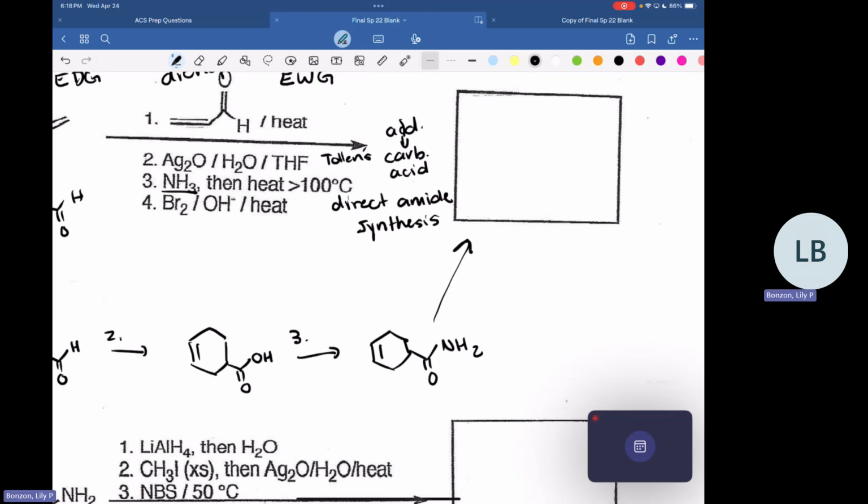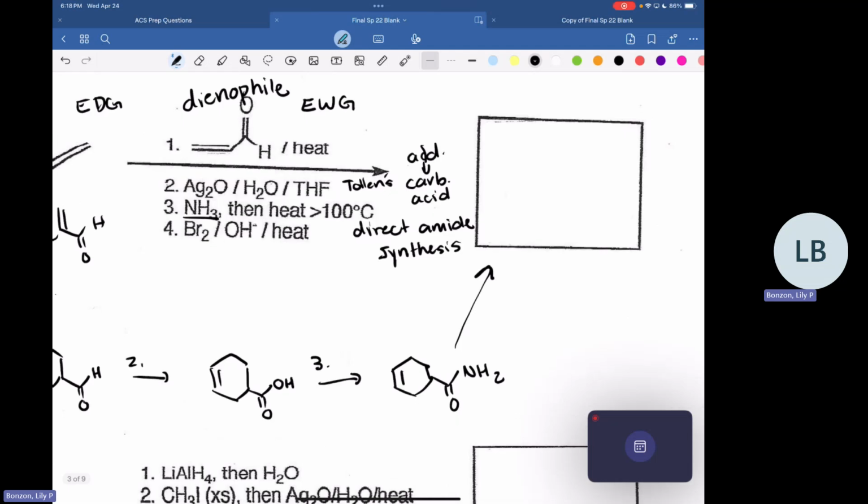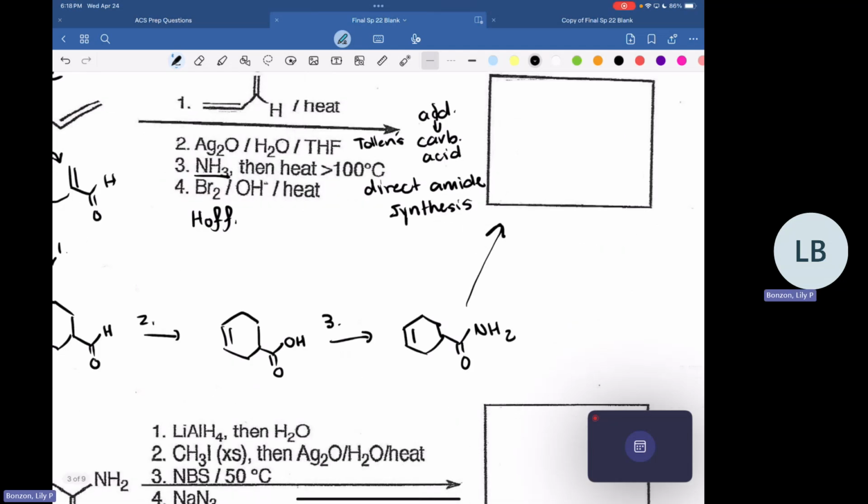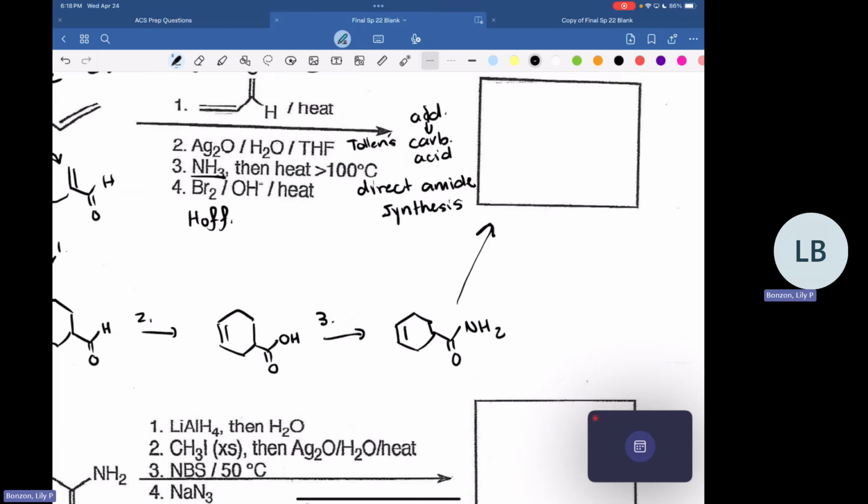And then this one is also pretty special. This one's chapter 19, I believe. And this one's going to be the Hofmann, it's either the elimination or the rearrangement. I can't remember. Rearrangement? Okay, cool. That's what I thought. So this is chapter 19 again.